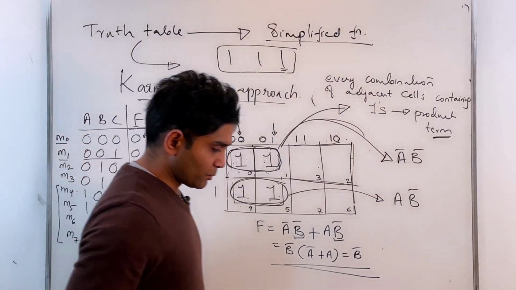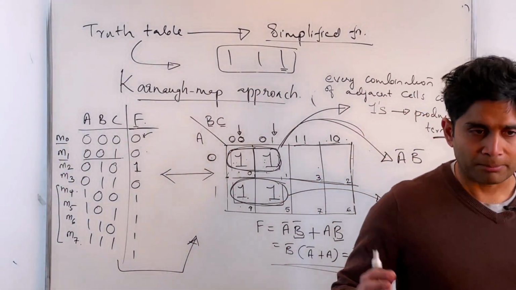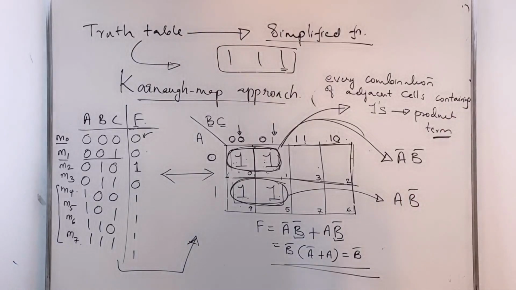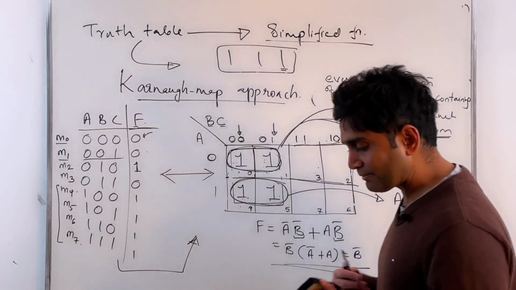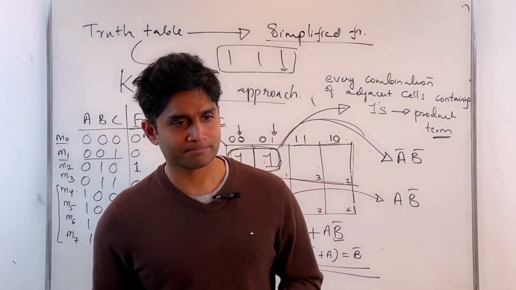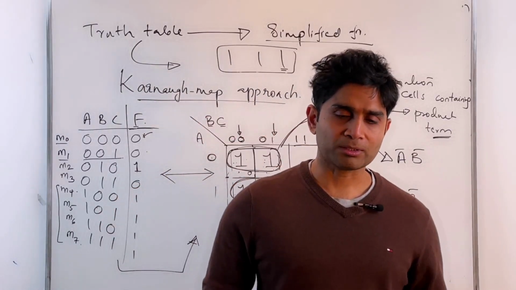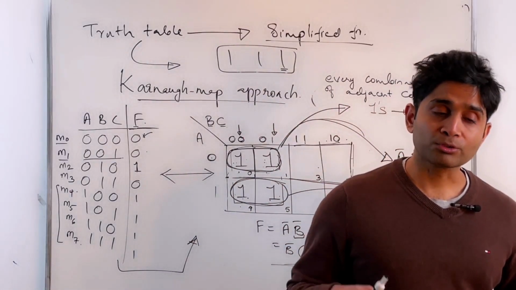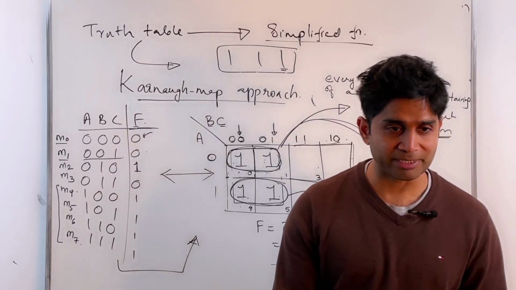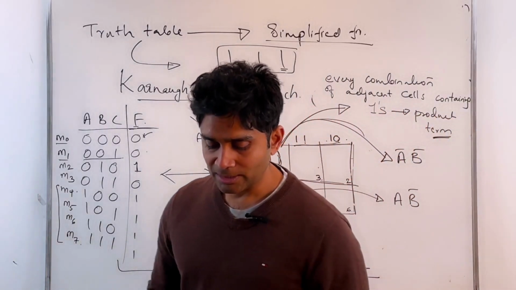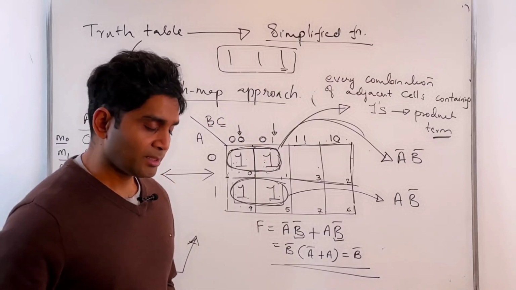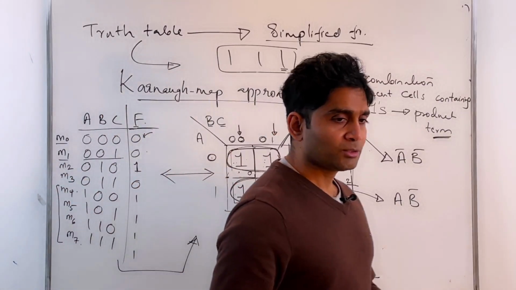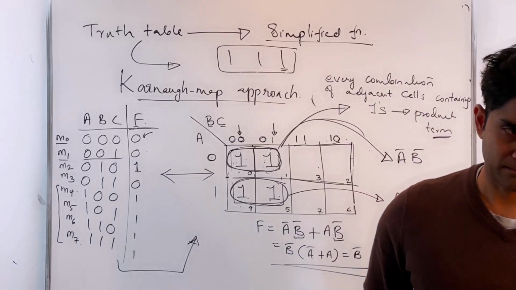All right. So these are the rules that I'm going to summarize again. But do you have any questions until this point on what the K-maps are, what the cells represent, what the approach is, what the combination means, how we combine them, and how I write the product terms corresponding to each combination?